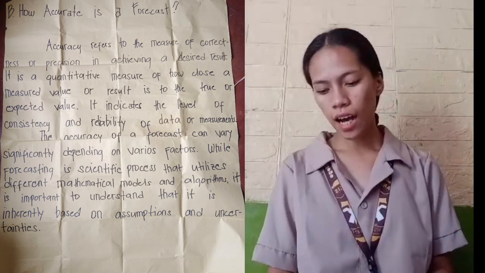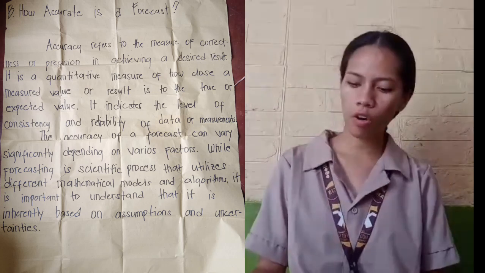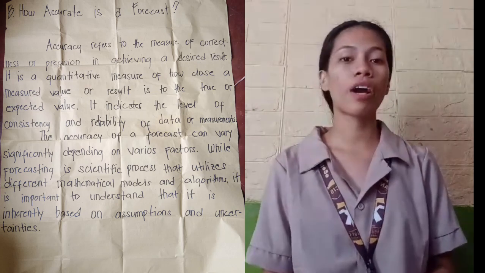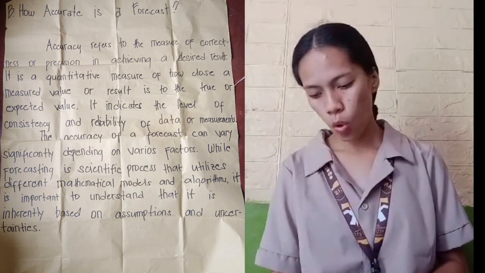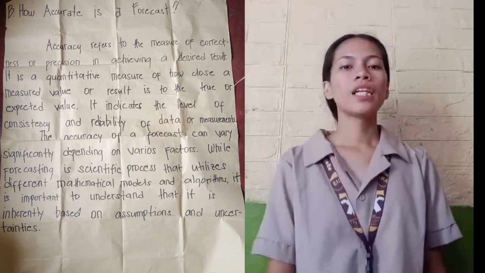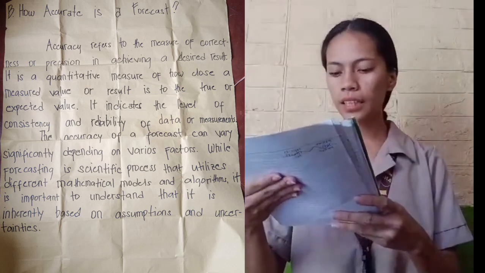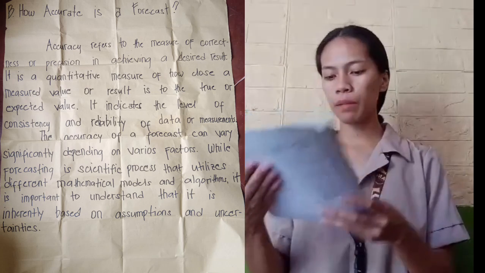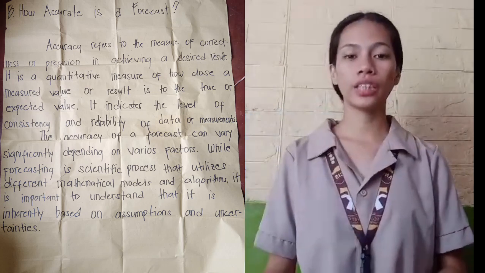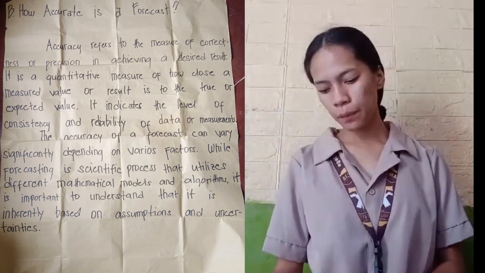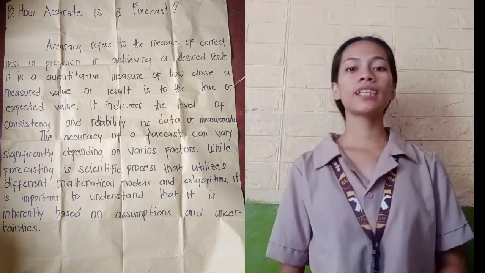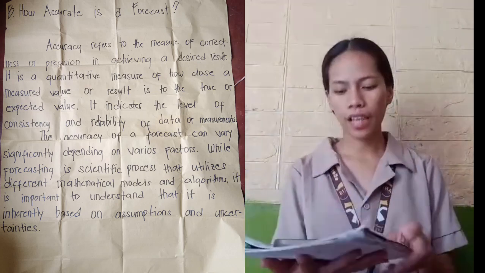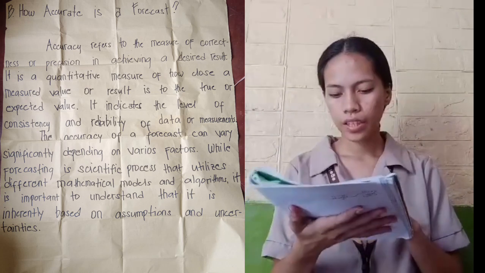Then, the accuracy of a forecast can vary significantly depending on various factors. Forecasting is a scientific process that utilizes different mathematical models and algorithms. It is important to understand that it is inherently based on assumptions and uncertainties.